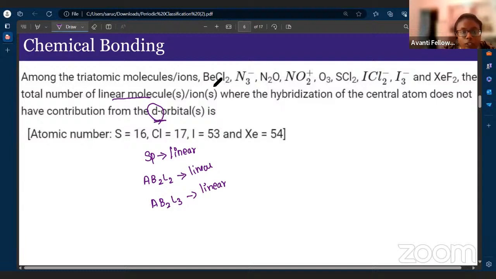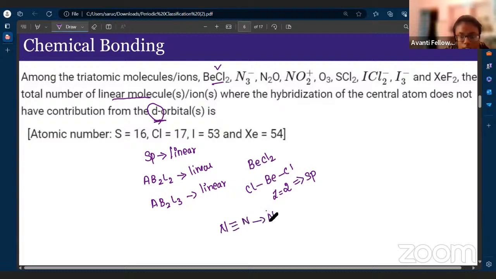So now find out the hybridization of BeCl2. What is the hybridization of BeCl2? B over here is 2, so therefore sp hybridization, so it is going to be linear. N3 minus: just draw the Lewis structure of N3 minus. What is the hybridization of the central nitrogen over here?